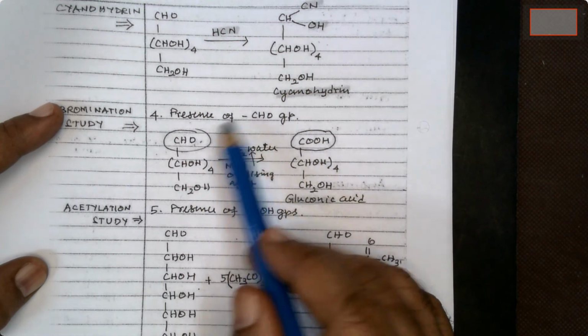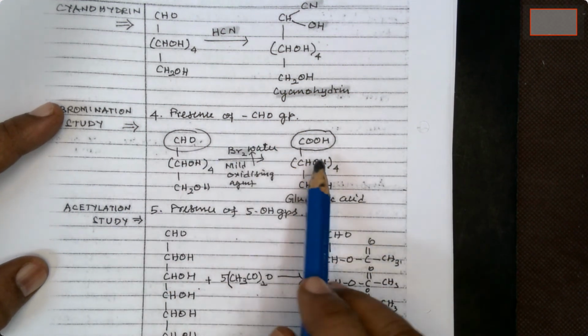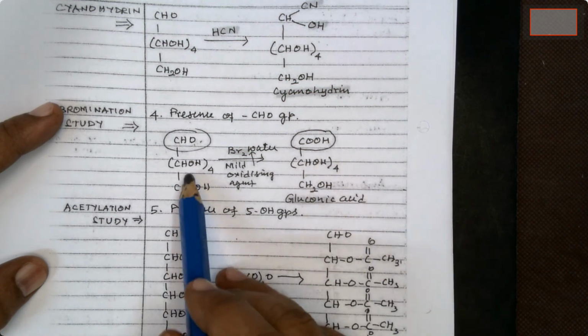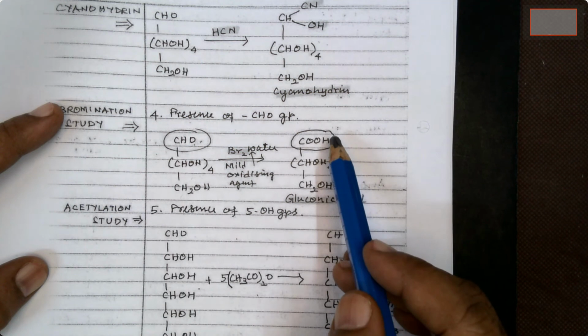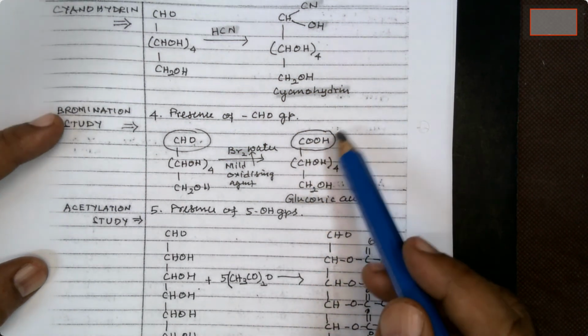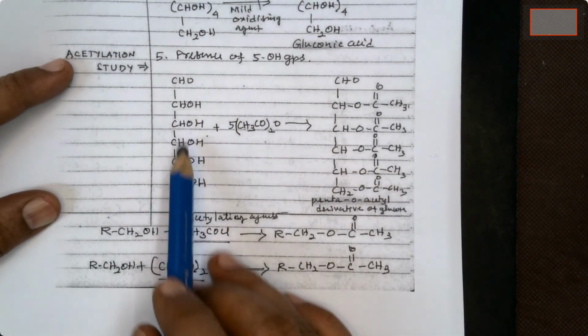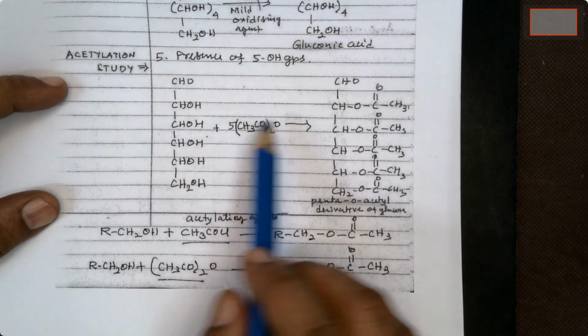On oxidation it gives acid, so it should have an aldehyde group, because an aldehyde on oxidation gives acid. And the acid is gluconic acid.